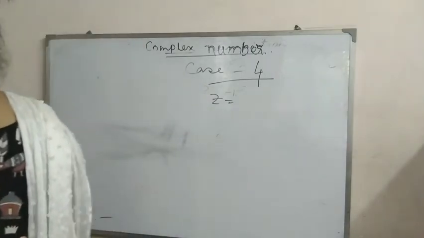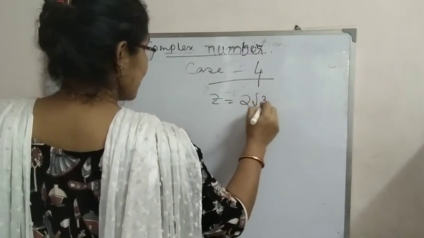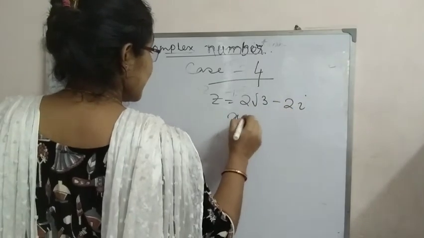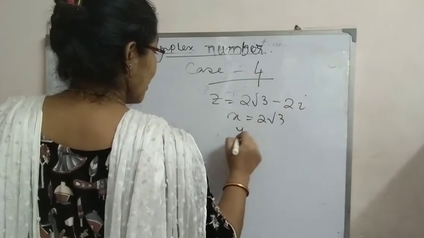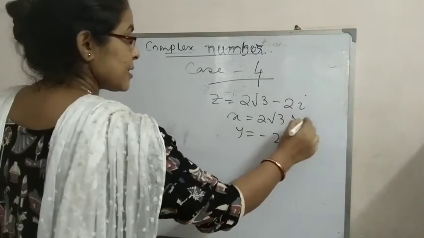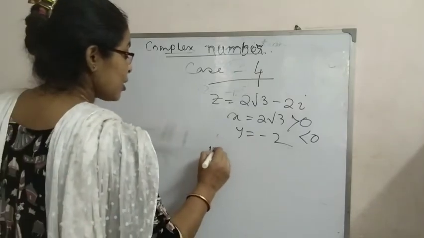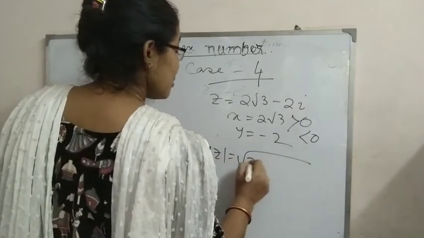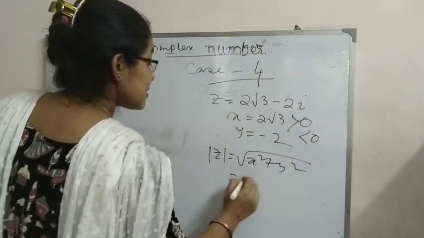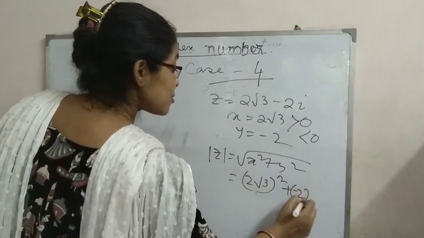If z equals 2 root 3 minus 2i, then x equals 2 root 3 and y equals minus 2. That means x is greater than 0 and y is less than 0. Here mod z is equal to root over x square plus y square, which is 2 root 3 whole square plus minus 2 square.